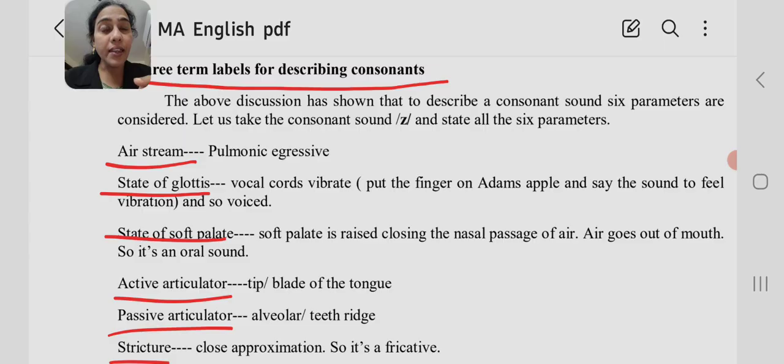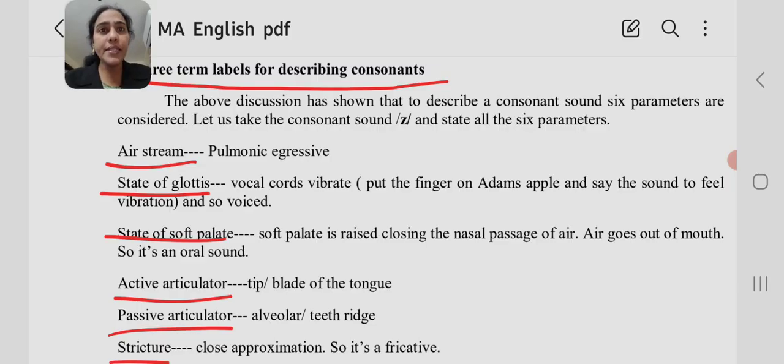I repeat the discrimination between the nasal sound and the oral sound, which is a very important basic concept for your understanding of these phonemes. In a nasal sound, your air stream is released only through the nasal way, whereas when you say zzz, the air stream is released only through the mouth. So it is obviously an oral sound.